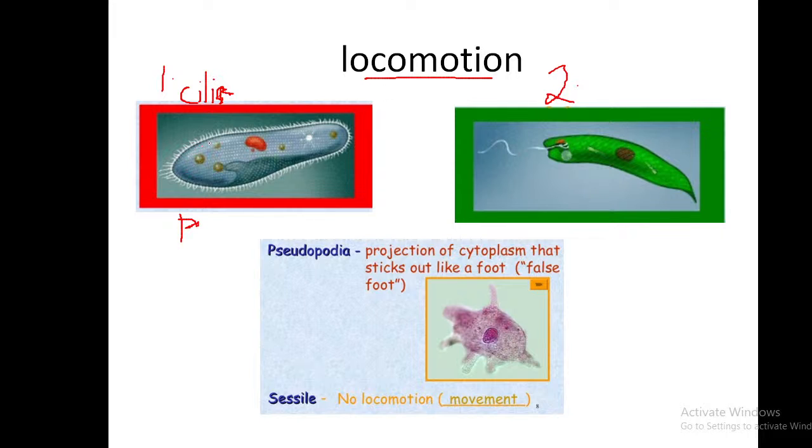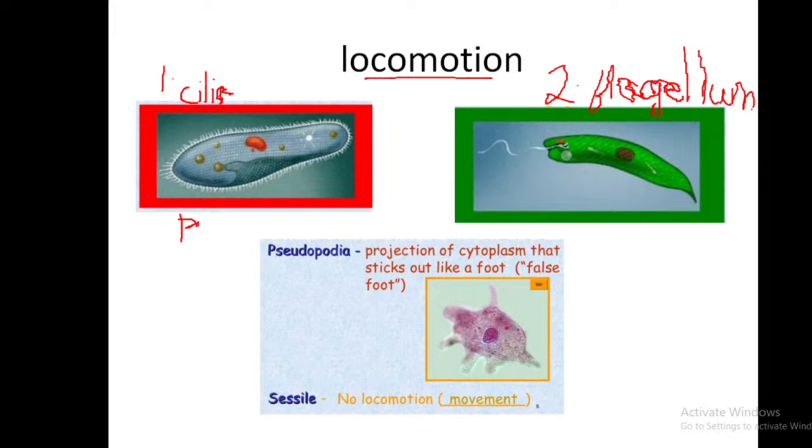Then the second, this is euglena. Euglena has a single locomotory structure and this is called flagellum.